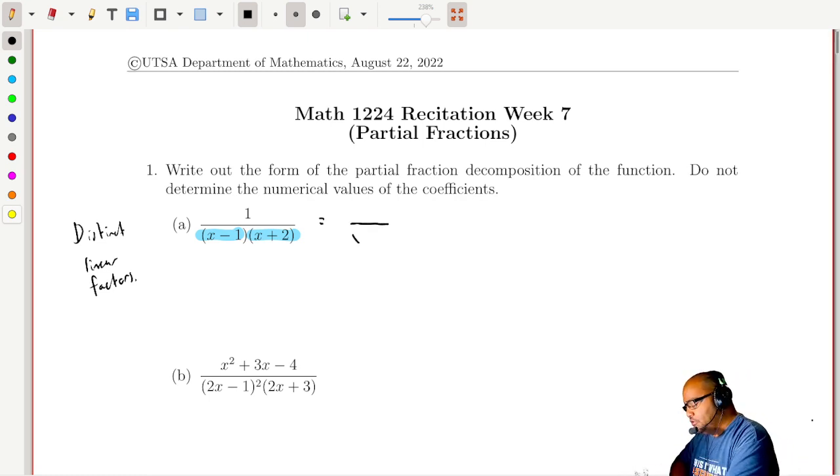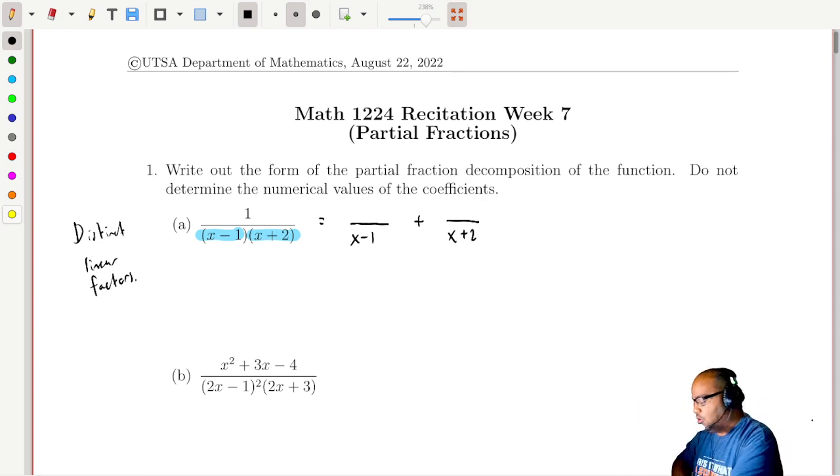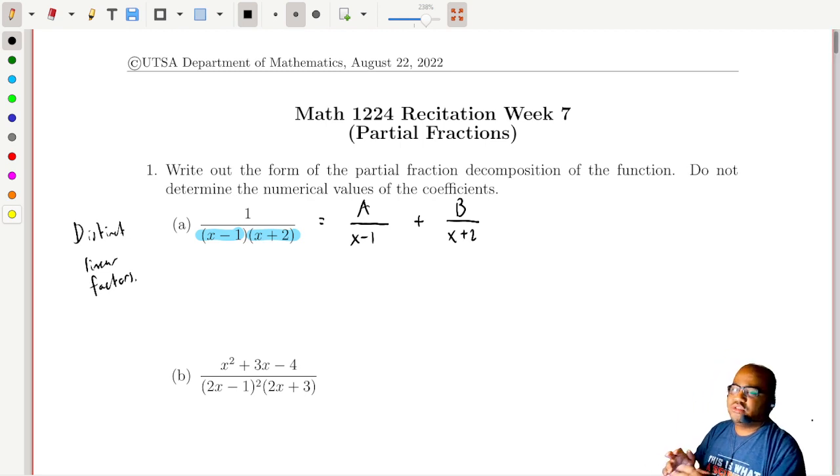Each of those denominators is in its own fraction. And the goal is to break this up so I can find two numbers, let's call them capital A and capital B, so that when I add these two fractions together, I get the thing on the left.